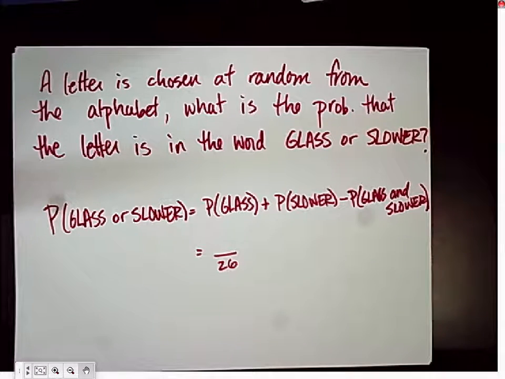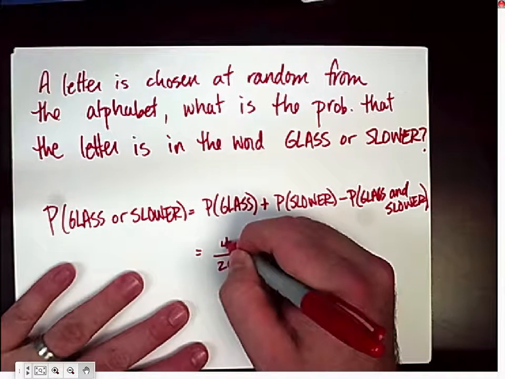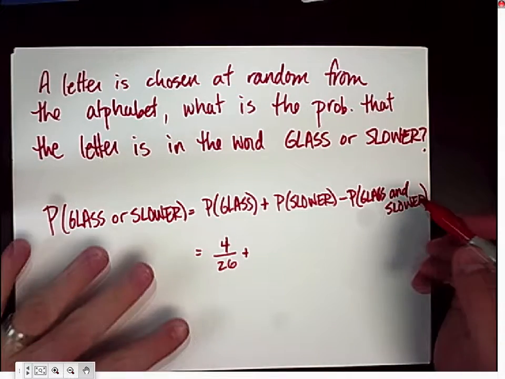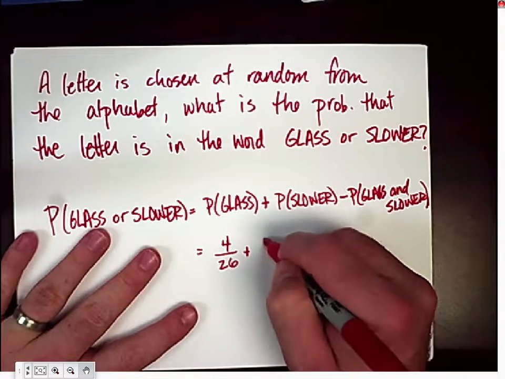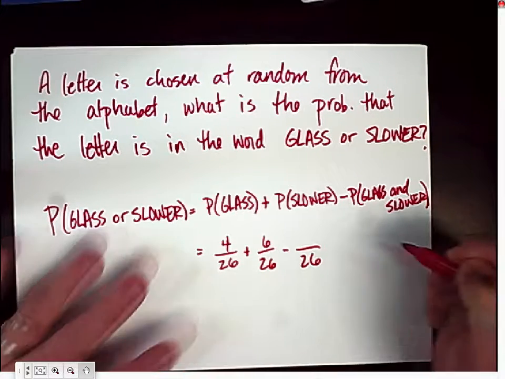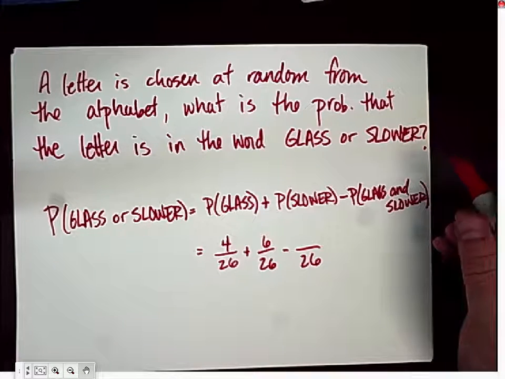So there's only 4 different letters in the word glass, right? So it's 4 out of 26 plus how many different letters are in the word slower? 6 out of 26 minus how many letters are in glass and slower?